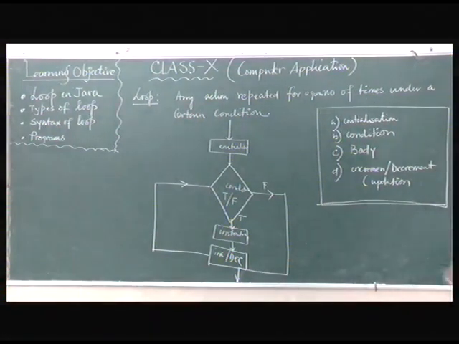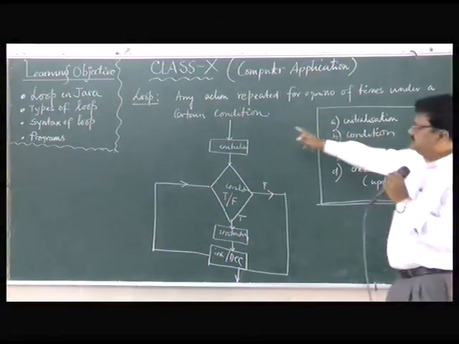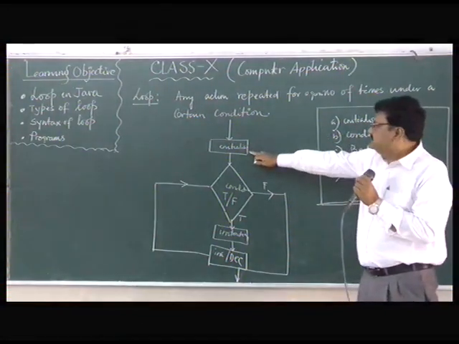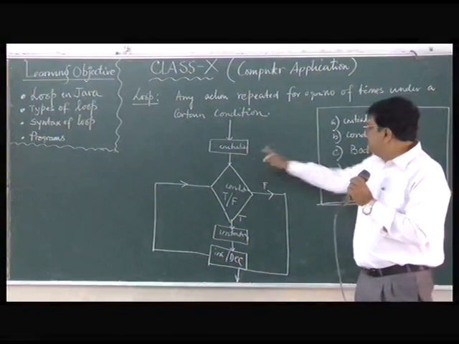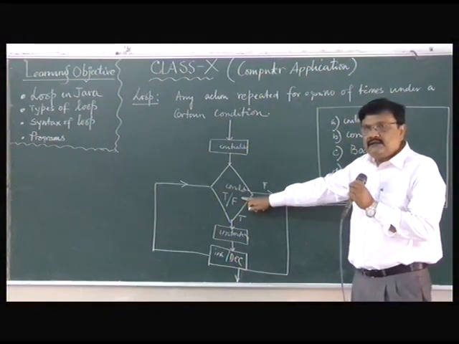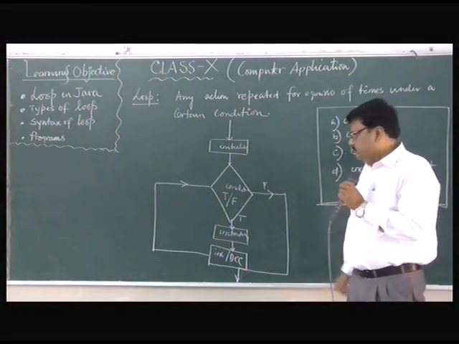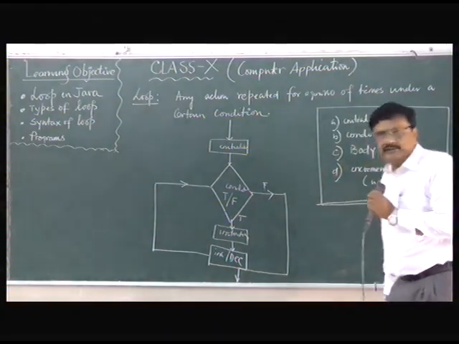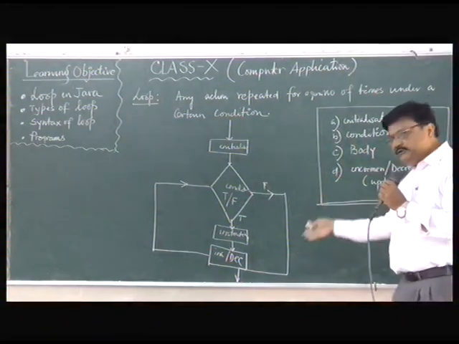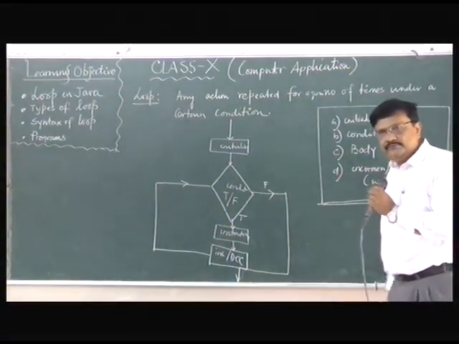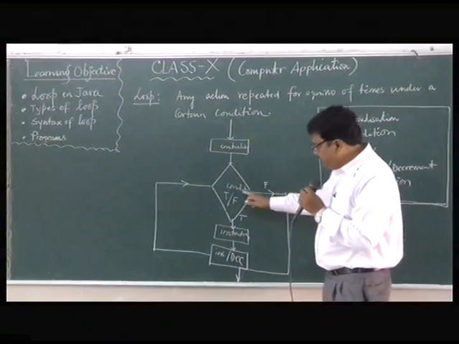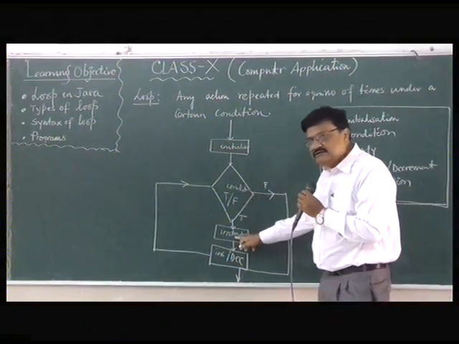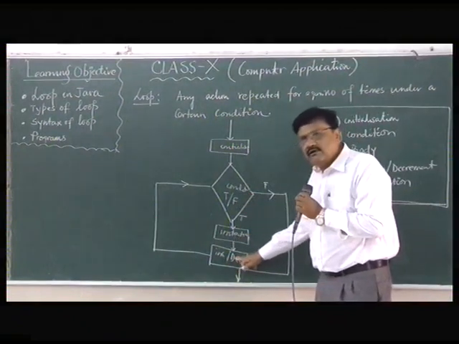Now you can analyze this one. The first one is the initialization. Then after the initialization, it will check for the condition. If the condition is true, then it will enter. If it is false, then it simply comes out of the loop and does not enter it. If it is true, it goes to the instruction, then the incrementation or decrementation.